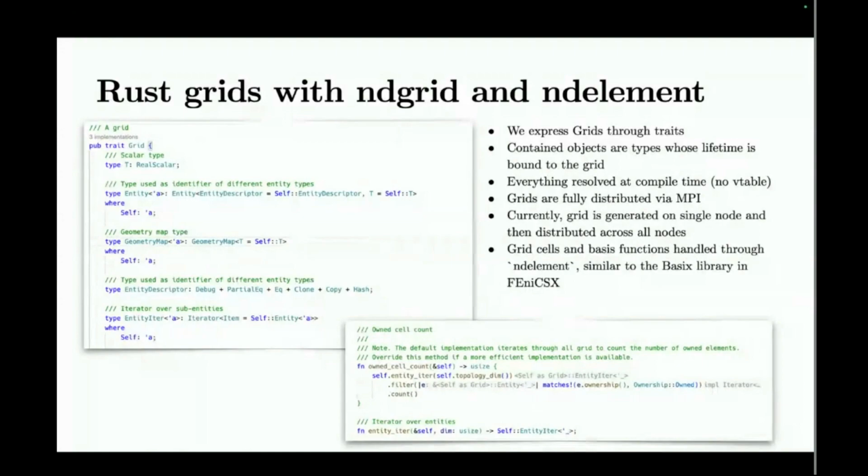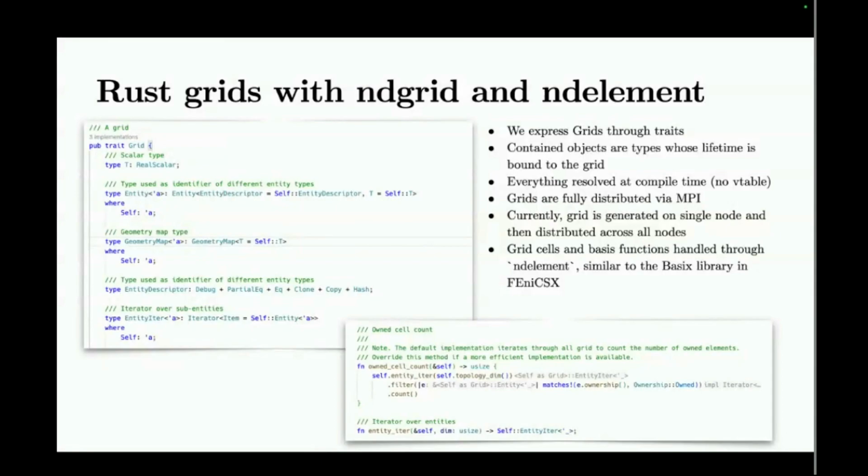And here on the left-hand side, I was just talking about types themselves, types which are defined inside the Grid trait, but obviously you can also do functions and you can mix different stuff. For example, this own cell count function has a default implementation directly inside the trait.